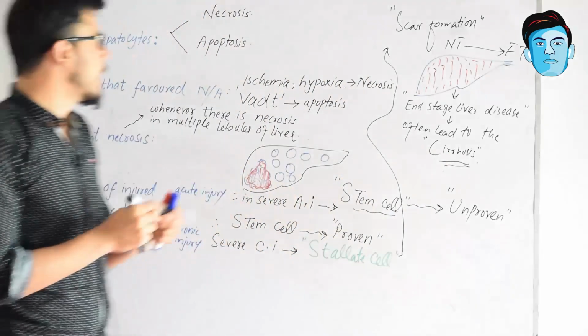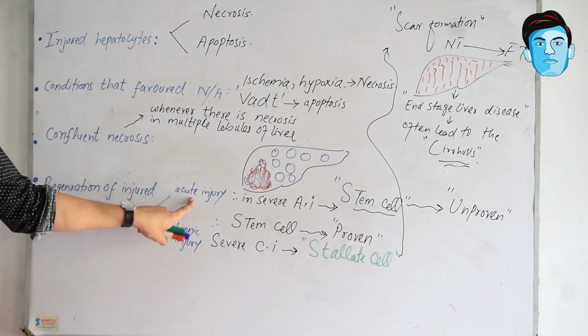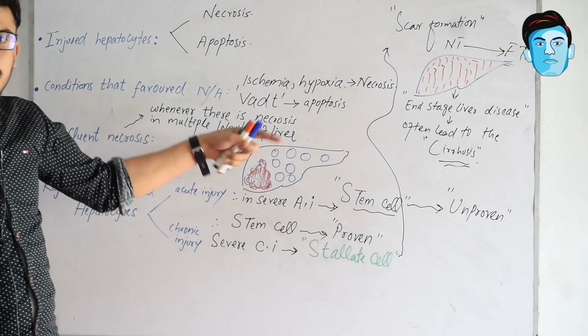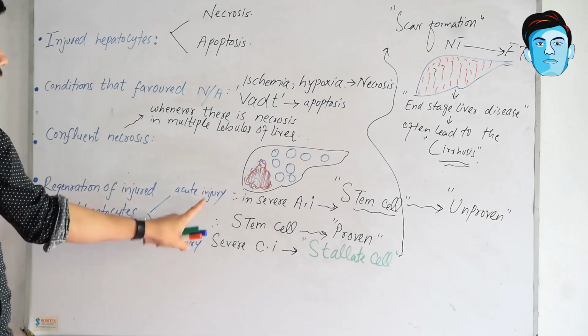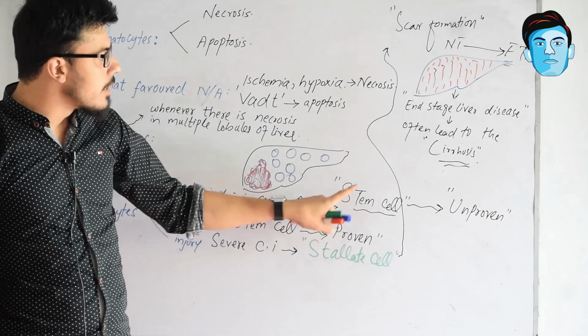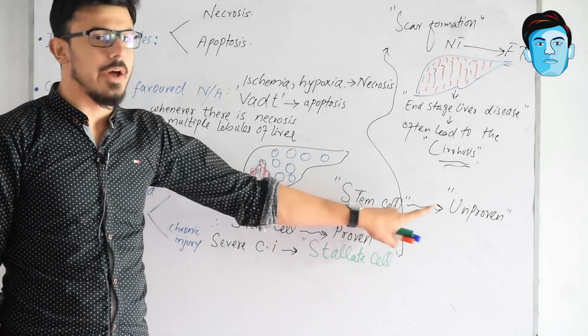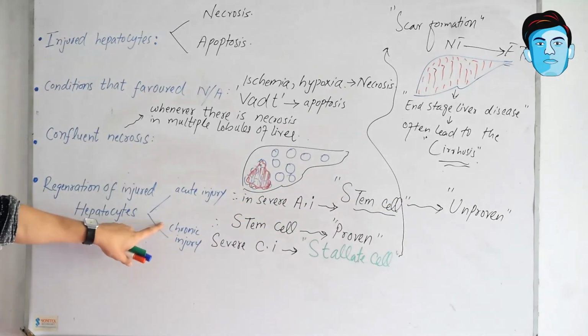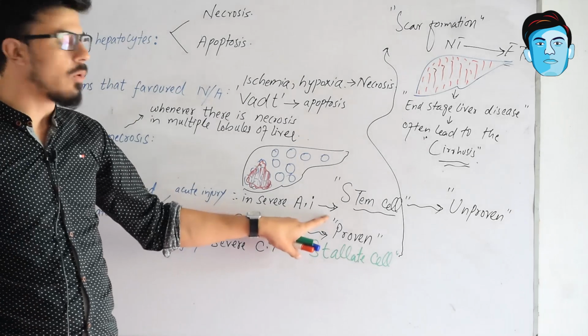Now it is worth repeating how the injured hepatocytes get regenerated. In acute injury, all the adjacent hepatocytes divide and replicate, and replace the injured hepatocytes. In severe acute injury, stem cells have a major role, but their role is unproven. In chronic injury, the stem cell has a major role and their role is proven.